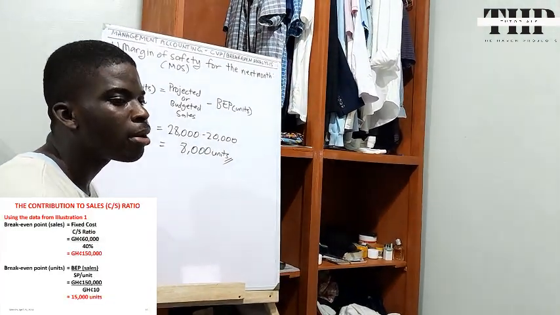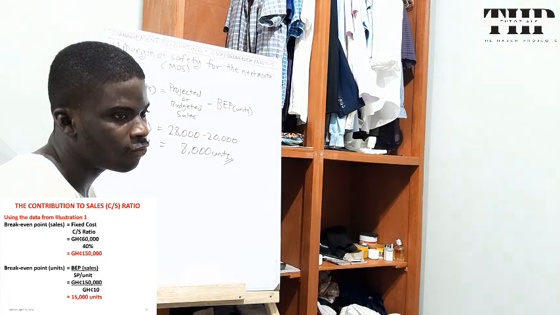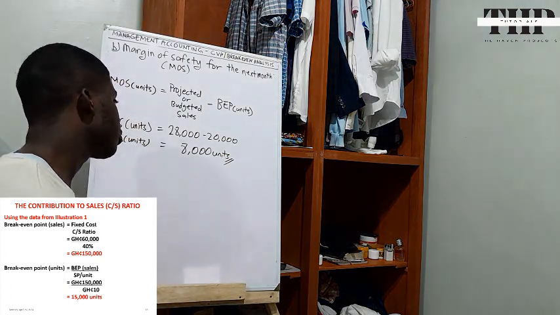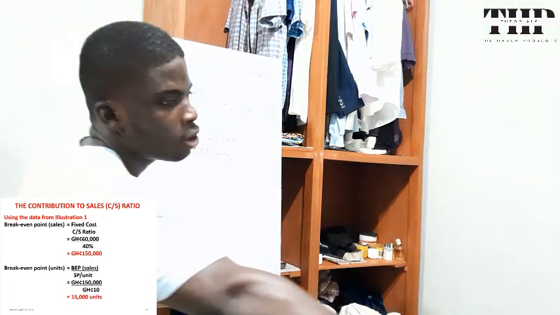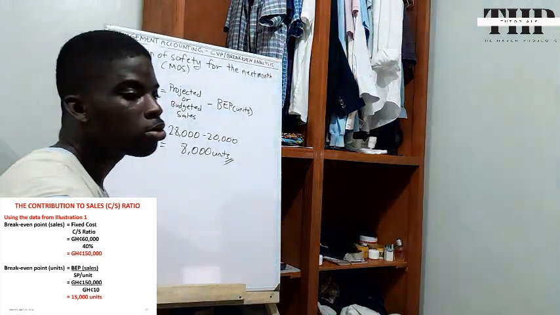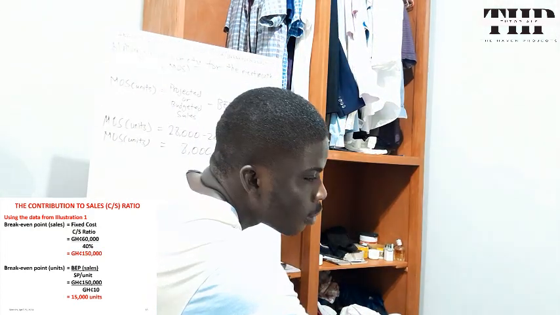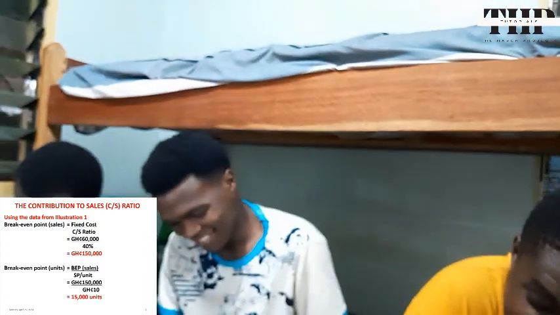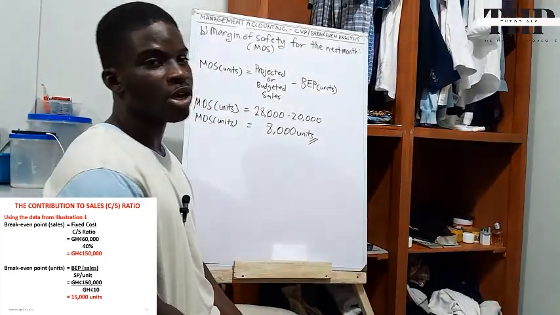Now, how do we find the budgeted profits for the next month? Budgeted profits for the next month. Let's find profit. Profit will be what? Sales minus cost will give us our profit, right?